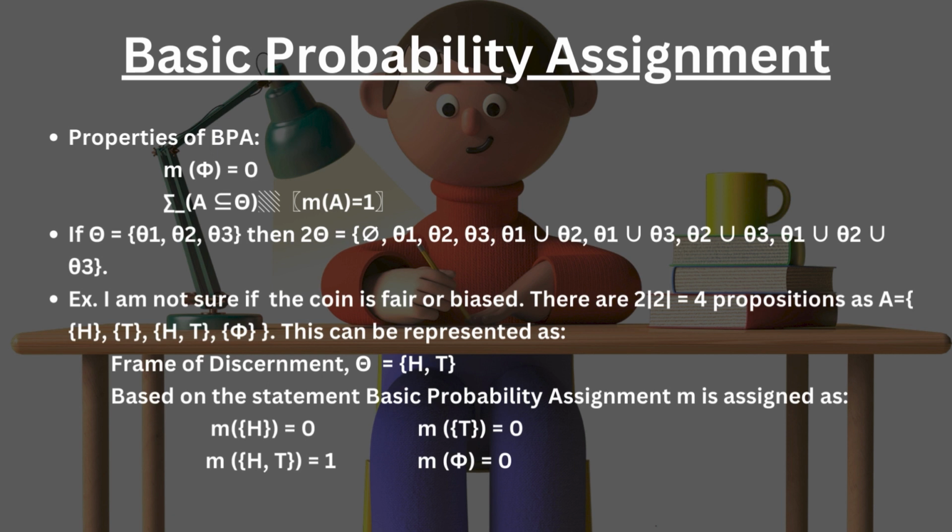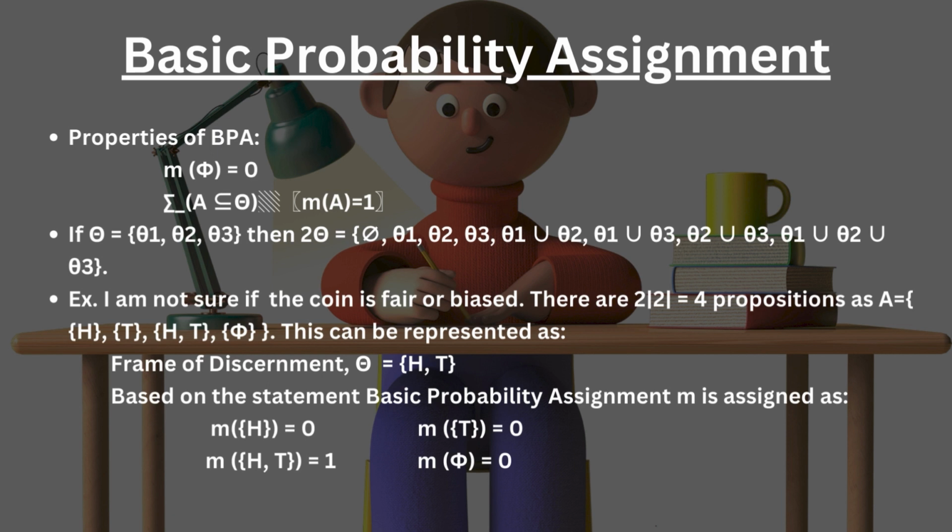The propositions A are all possible combinations, 2 to the power 2 propositions, which we have already discussed. Then the basic probability assignment, represented as M: we assign 0 probability to it being a head, so M of H is 0, M of tail is 0, and M of H and T is equal to 1.